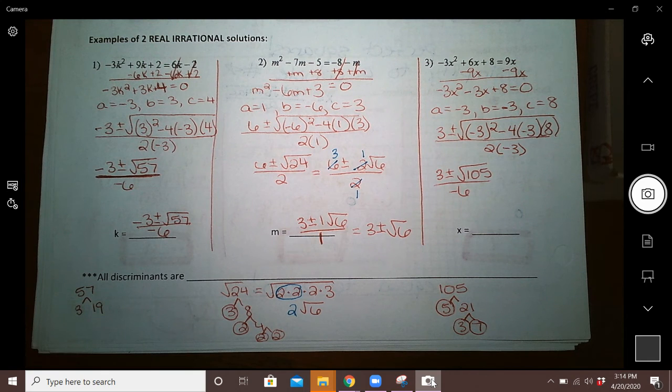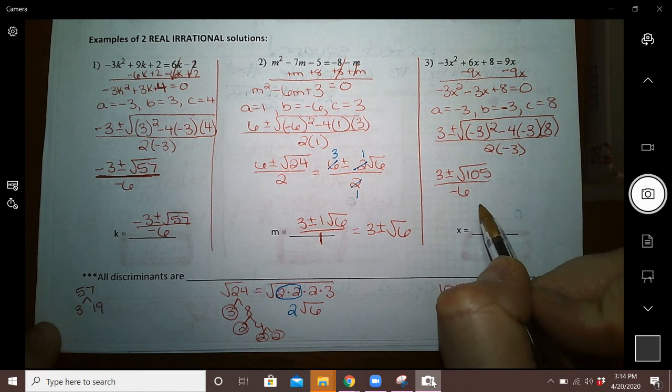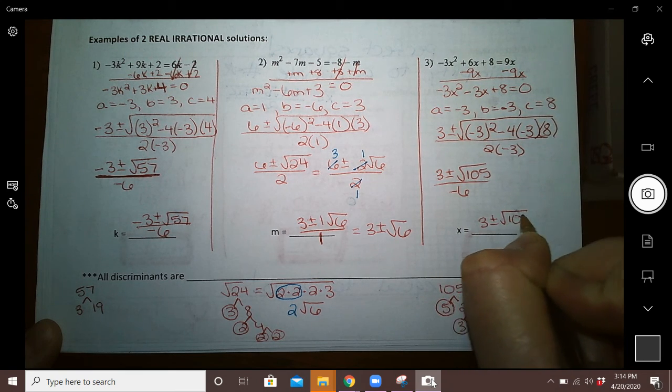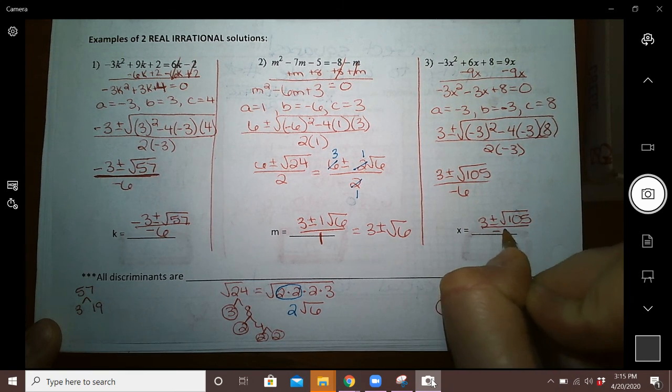So now all my ending values are prime, but I have no pairs, so 105 cannot be simplified, which means this is my final answer. 3 plus or minus the square root of 105 all over negative 6.